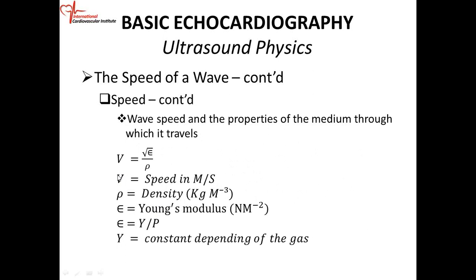The formula is that the speed is equal to the square root of the Young's modulus, which is a measure of elasticity, divided by rho, which is the density. So as the density of the medium increases, speed decreases. As the elasticity increases, speed increases. As the density decreases, speed increases. As the elasticity decreases, speed decreases.